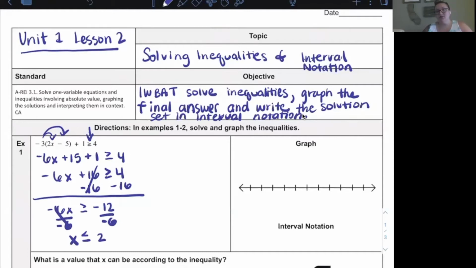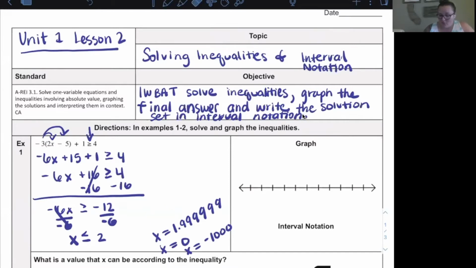Another way that inequalities are different from equations is that there is more than one answer in this solution. So x can be less than or equal to 2. That means that x could be 2, x could be 1.999999999, x could be 0, x could be -1,000, x can be any number that is less than or equal to 2.